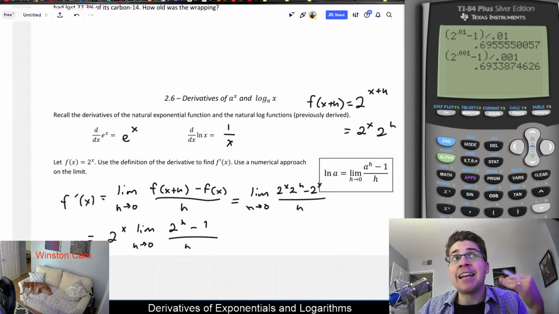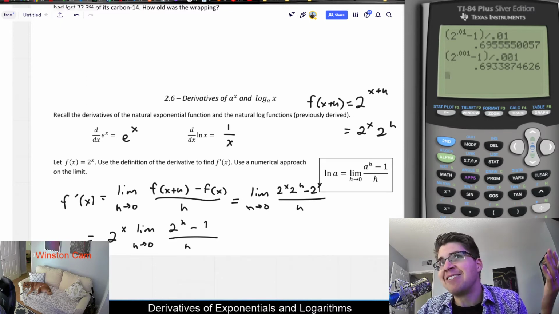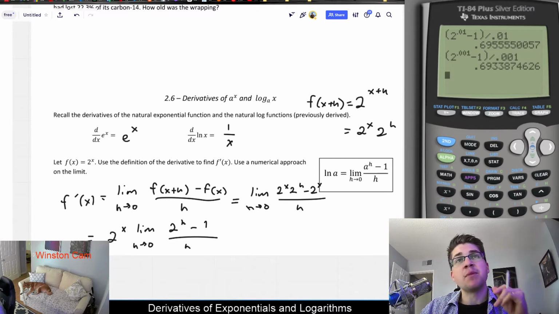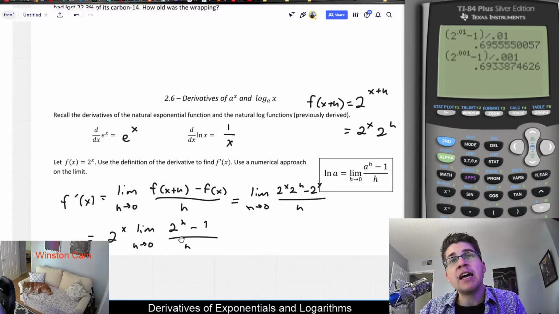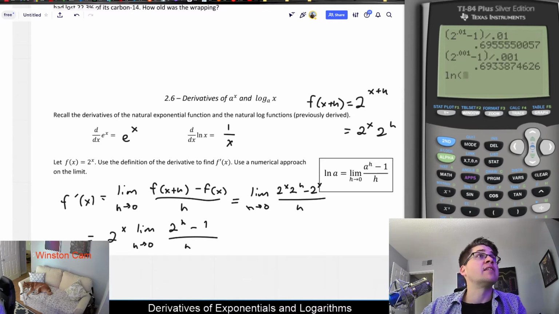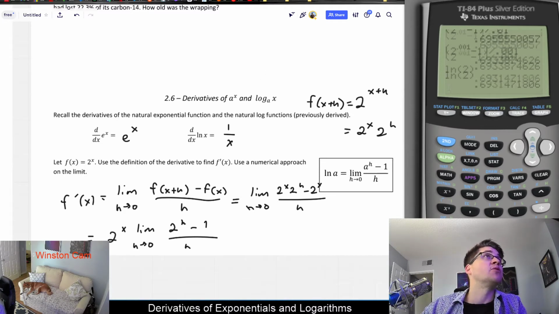And at the end of the day, we wouldn't really necessarily recognize what this number is, but it turns out that the limit of this very specific structure is always equal to the natural log of the base of the exponential. So say this were a 3 or a 4 or a 5, it would just change to the natural log of that number. So let's test out, well, what is the natural log of 2 in this case?